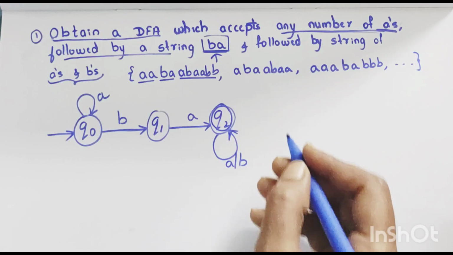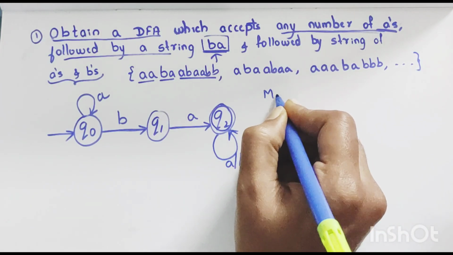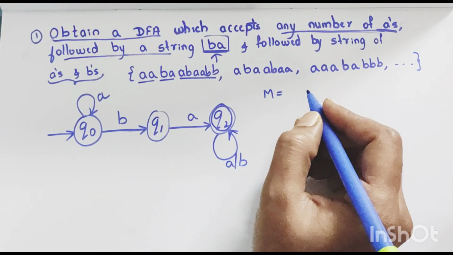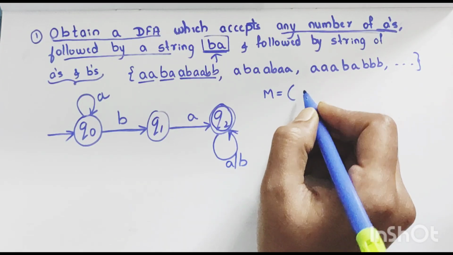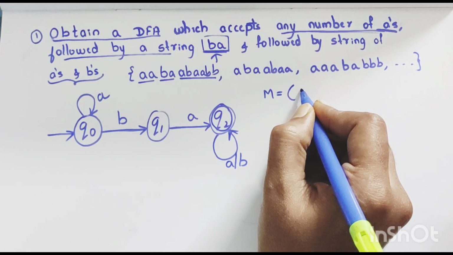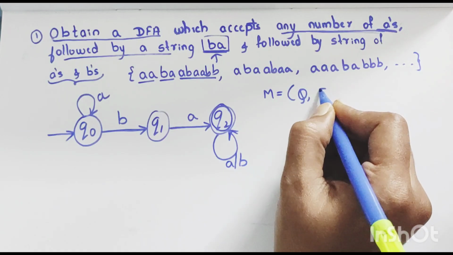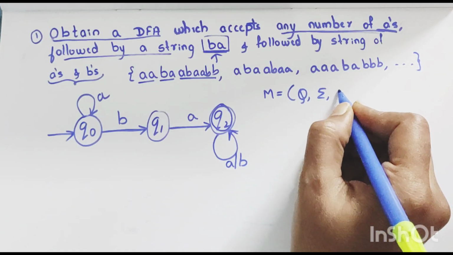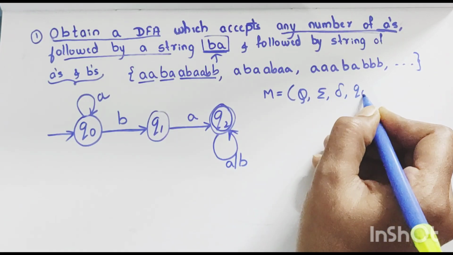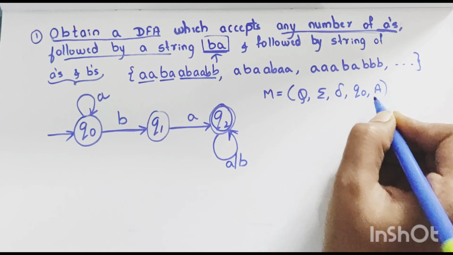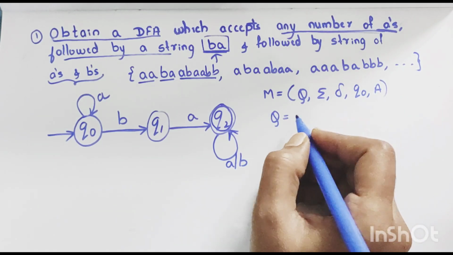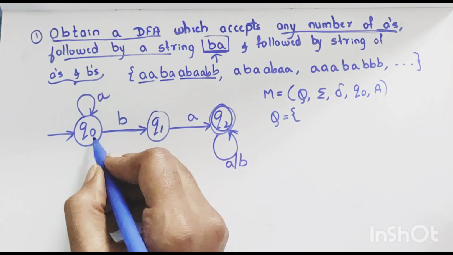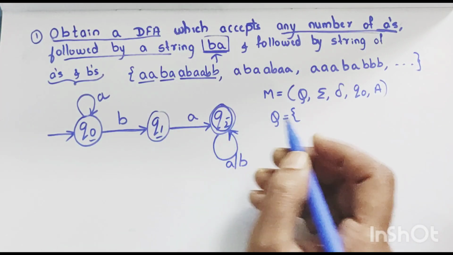Now we are going to define the machine M for the obtained DFA. The machine DFA is nothing but a quintuple, which has capital Q, sigma, delta, Q0 and F. Here Q is the set of states. The set of states obtained here is Q0, Q1 and Q2.